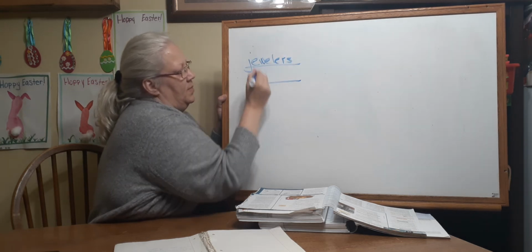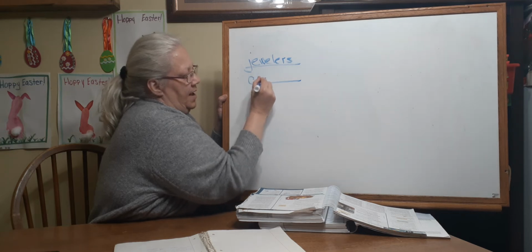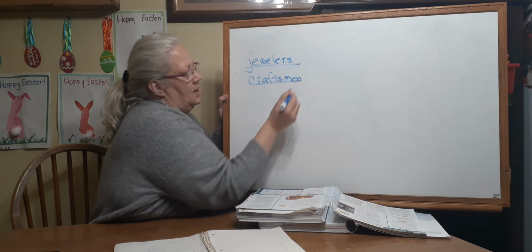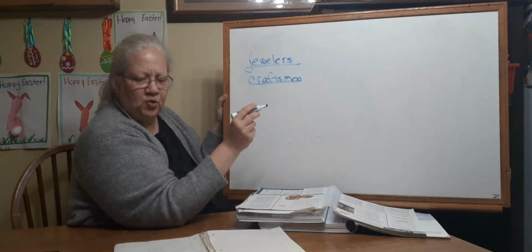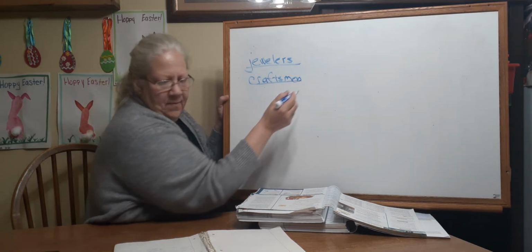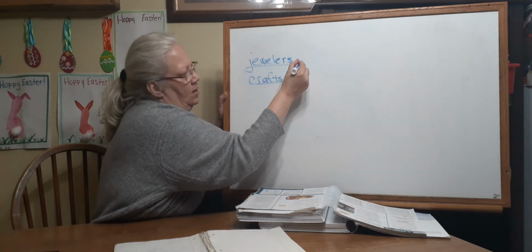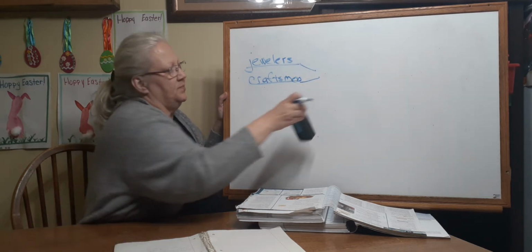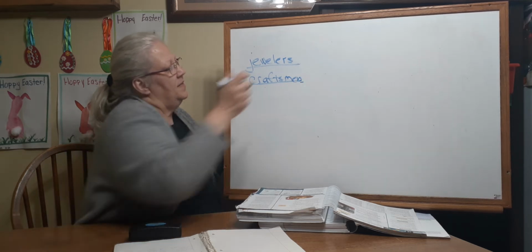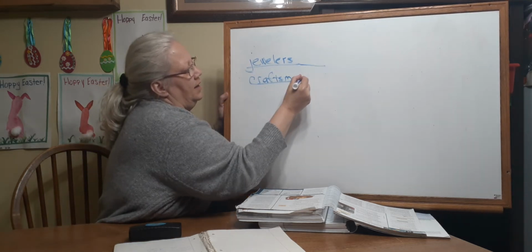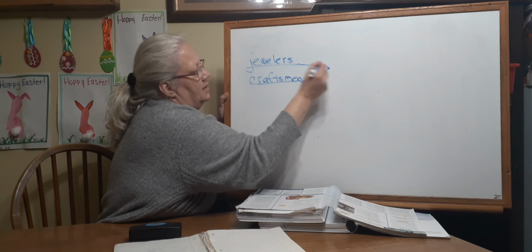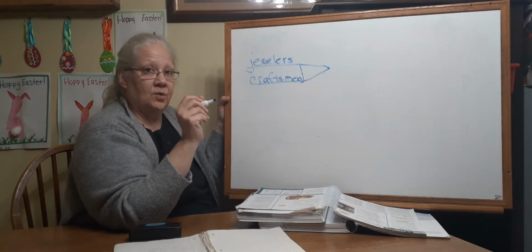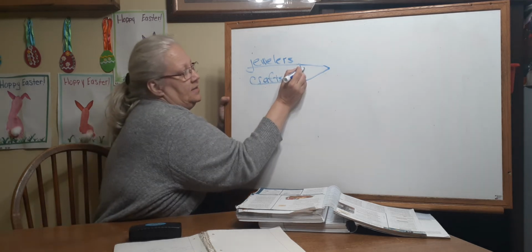Okay? My second subject or noun is craftsmen. Now, how am I going to join that on my baseline? Well, they come, whoops, like I said, I'm not an artist. They come to a point, okay? And this right here is where my conjunction goes in, which is and.